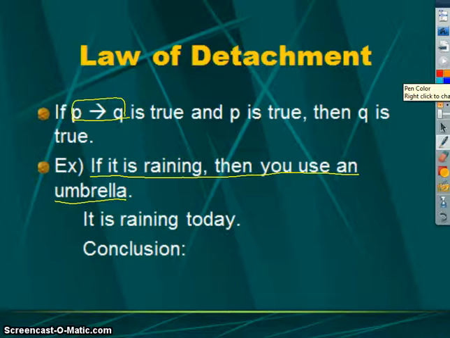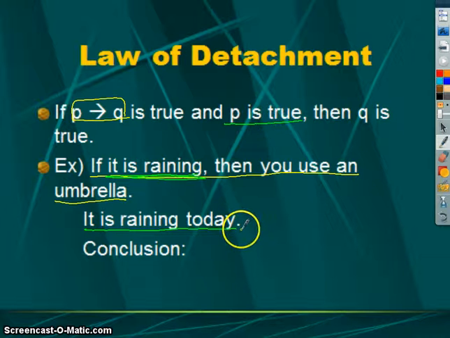Then what you'll notice is that according to this, it's going to refer to the P part. Well, here's the P part right here, and you'll notice that this is the next statement. All right, and then it says if the P is true, which in this case, yep, it's raining, then Q is also true. So using the law of detachment in this example, if it's raining, then you use an umbrella.